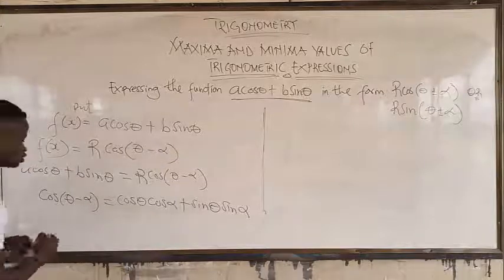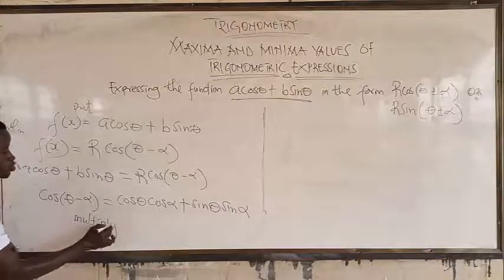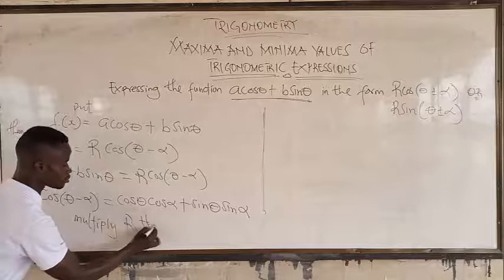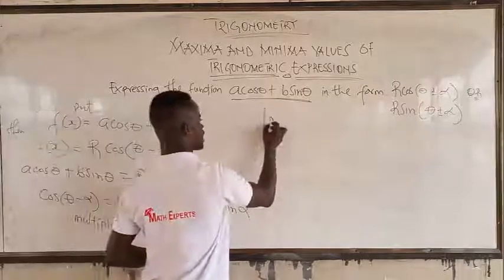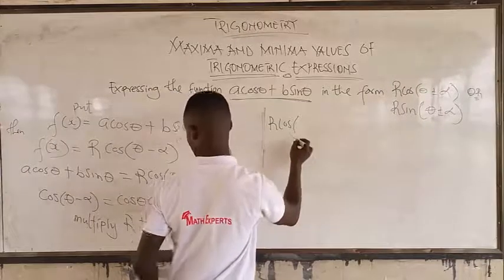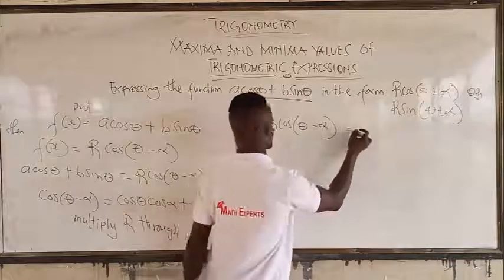Then after that, you multiply out through it. So when you multiply out through, then we are going to get r cos theta minus alpha. Hope you can see that.